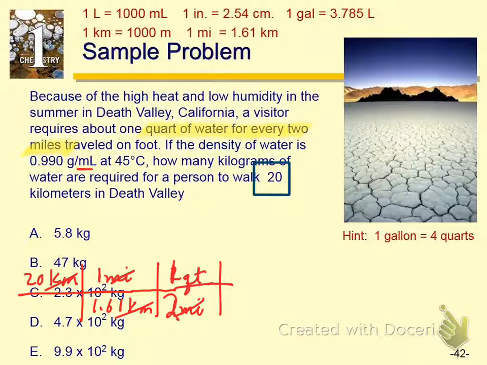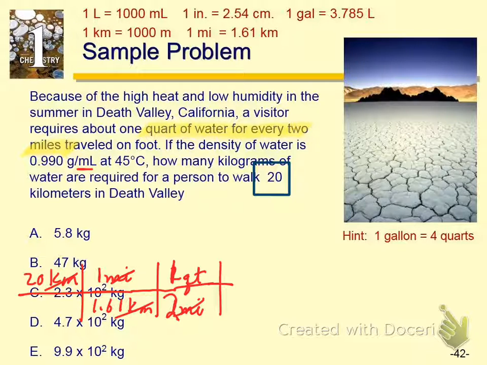That means that 1 milliliter weighs 0.990 grams. And that density is going to allow us to convert liquid volume into mass. And that's what we're trying to get to. So I need to somehow get to milliliters from quarts. How am I going to do that? Go to gallons, to liters, to milliliters.